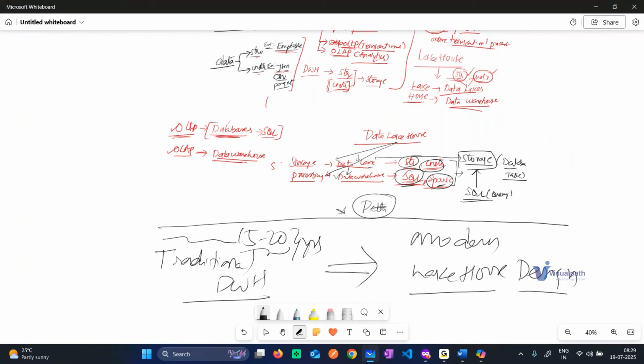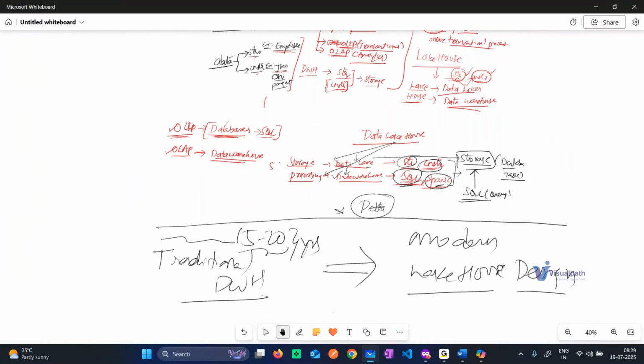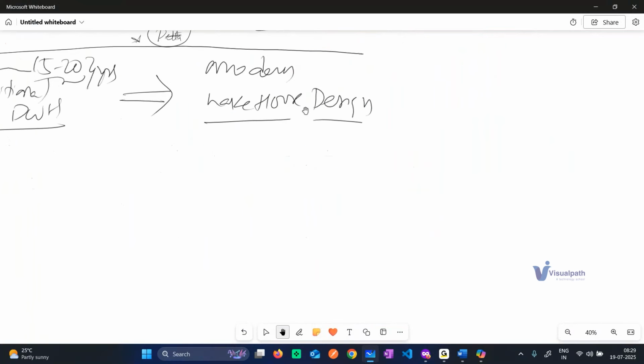In modern lakehouse design, what should you expect, participants? You should expect data lake.